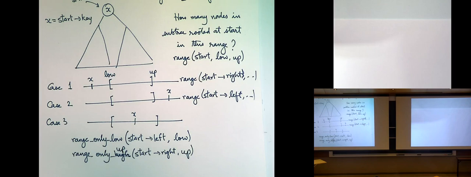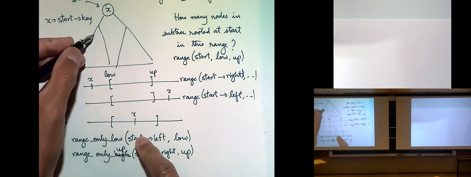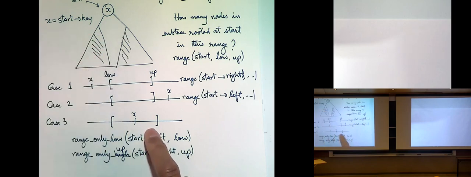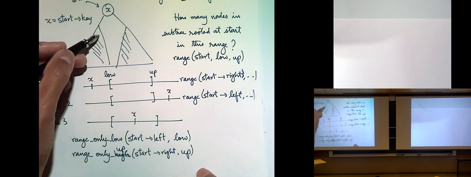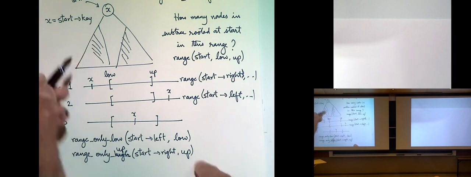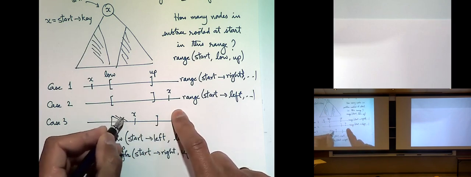But okay, what does this mean? In this situation, there are some keys in here that are in your range, some keys in here that are in your range. But if you look at all the values in this subtree that are in this range, they only lie over here, right?